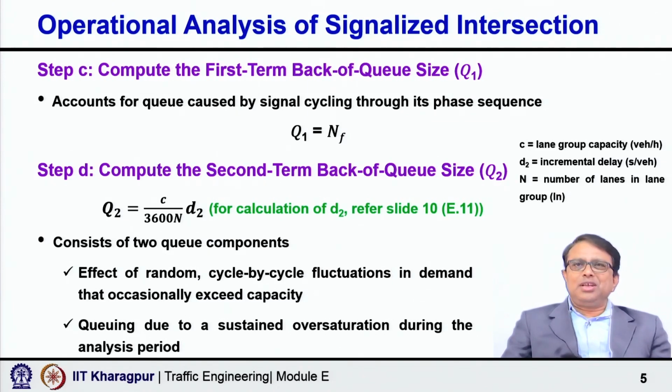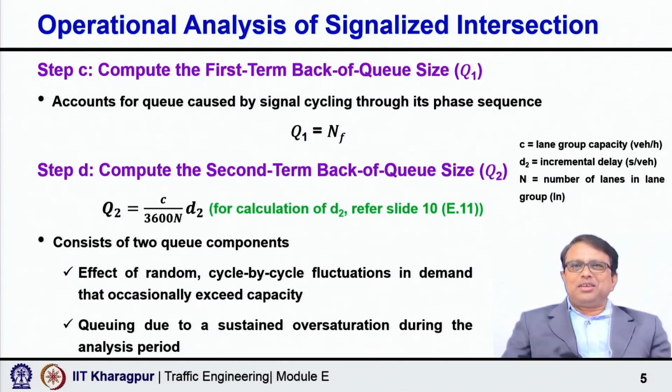That effect is considered. Second, also queuing due to sustained oversaturation. That means, during the entire analysis period your demand may be more than the capacity. So, queuing due to sustained oversaturation during this analysis period.